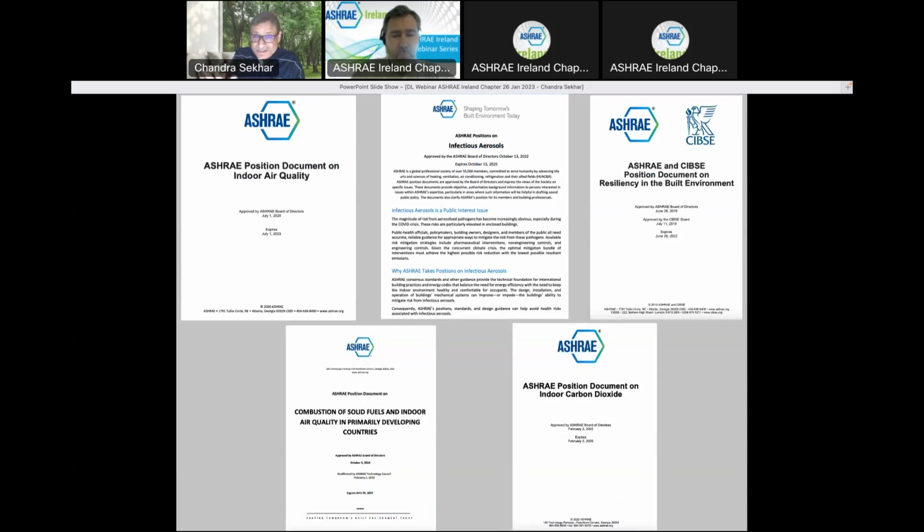There are several standards and several other documents that ASHRAE has been producing over the years, relevant to important issues that we are experiencing in the world. Indoor air quality, infectious aerosols. There's one that was produced by ASHRAE and SIPSI on the resiliency of the built environment.